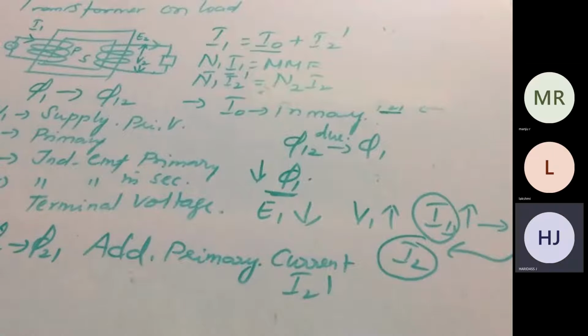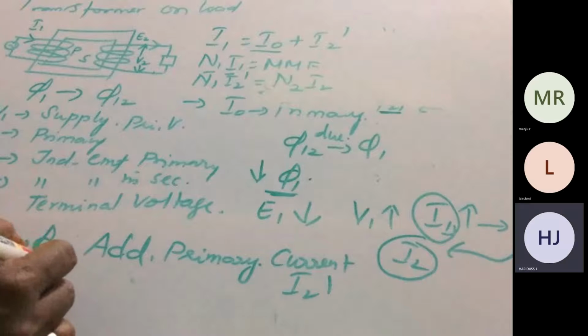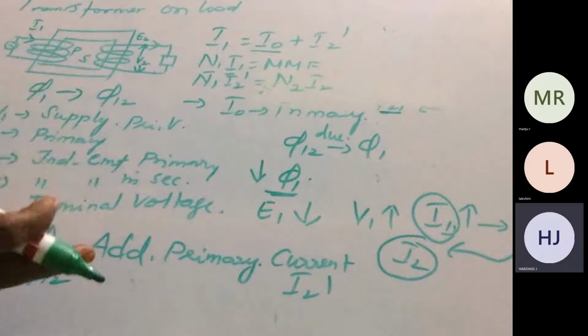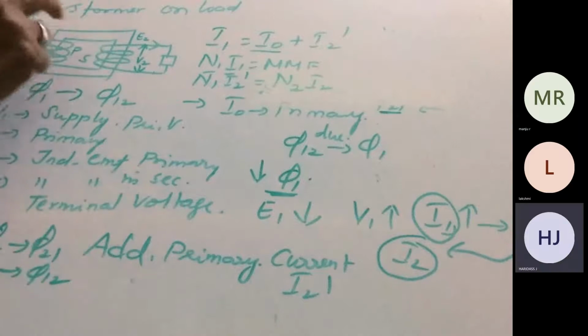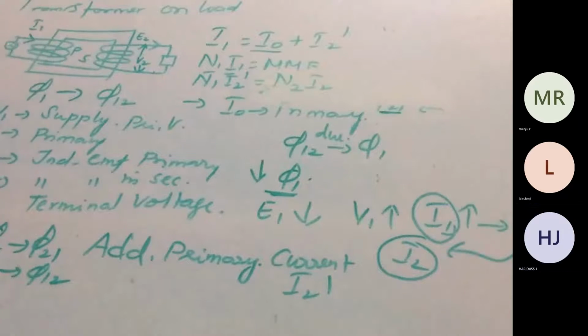Yes ma'am. Okay. So due to phi 1, the primary flux links the secondary, so we can write phi 1 2. Phi 1 2 and phi 2 1 are in opposition to each other, so they get cancelled. This reduces the flux in the primary, the entire main flux phi 1.